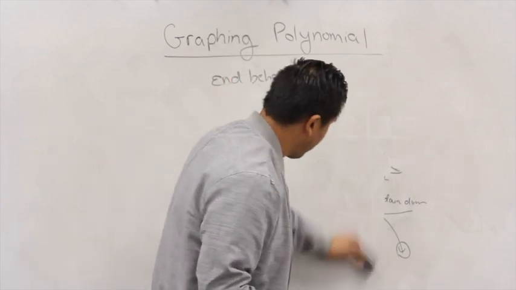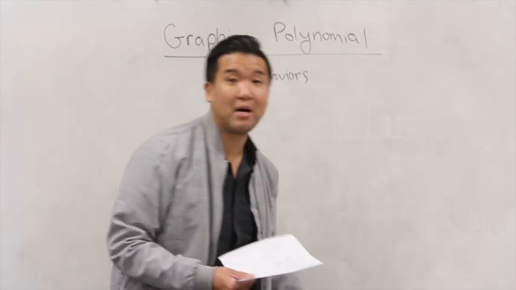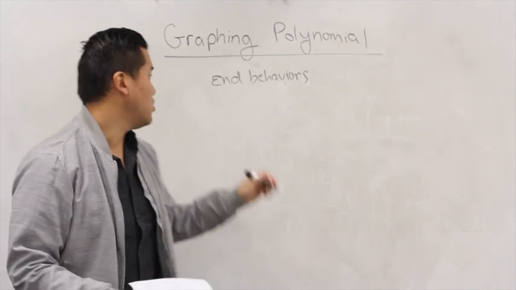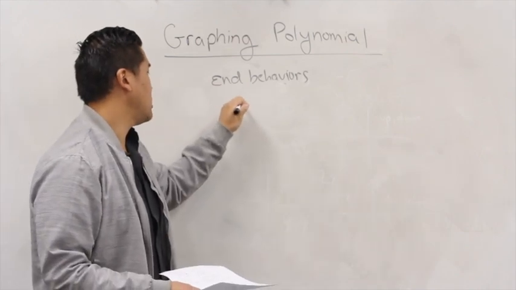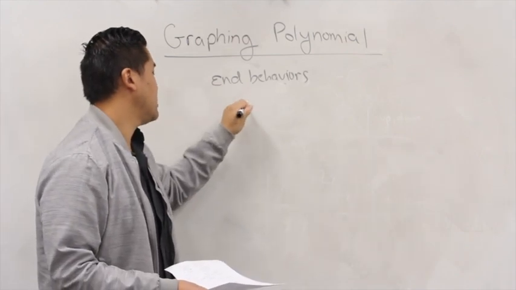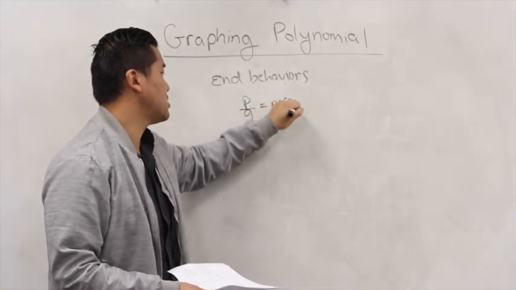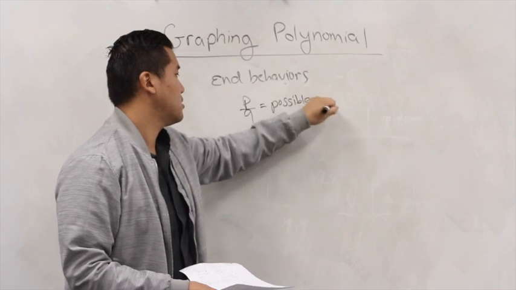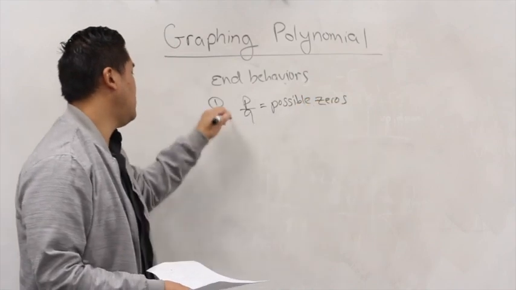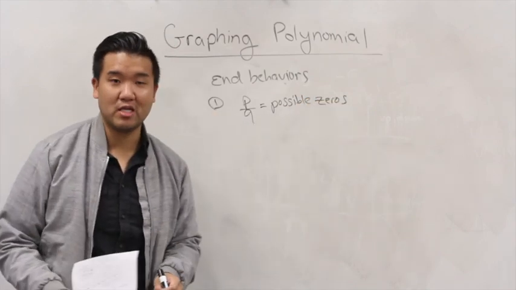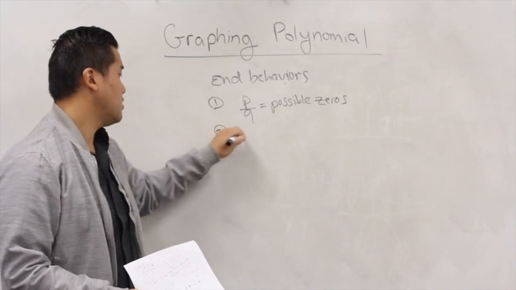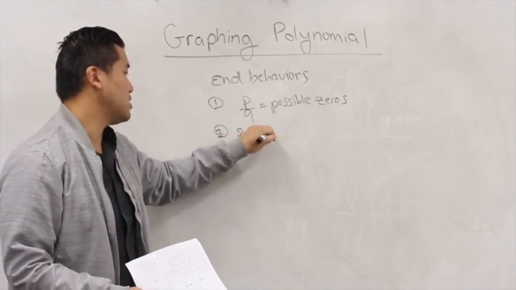Everything else we've learned from our other videos, now we combine it all. Let's say we have some function, and we do p over q. These are our steps. Step 1, do p over q, find your possible zeros. Step 2, do synthetic division.